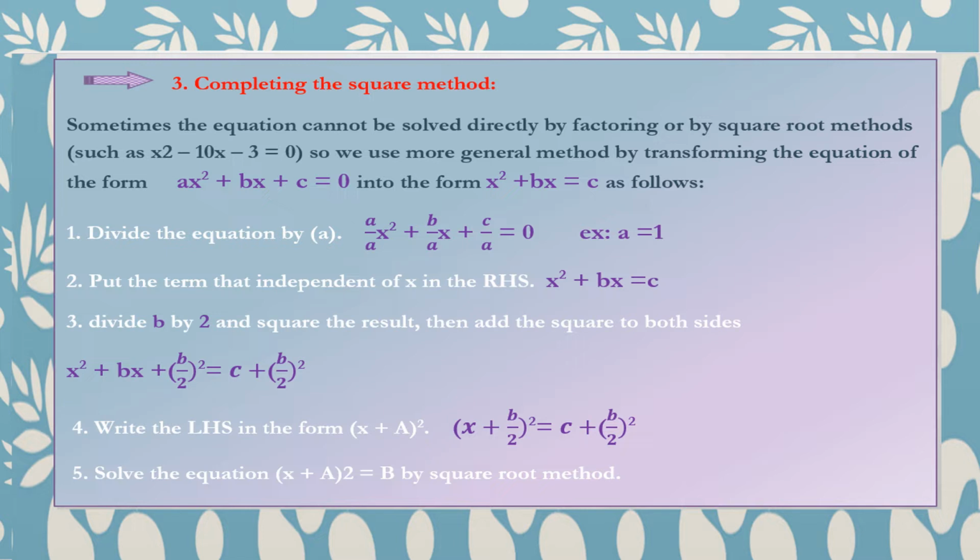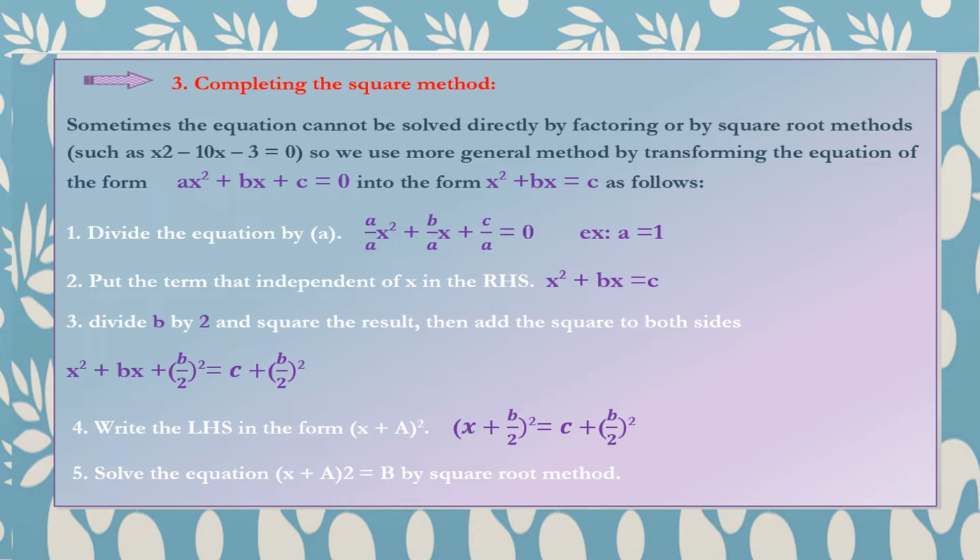The first step is to divide the equation by a, so a over a equals 1, and b over a and c over a. Let's say that a equals 1. Then the equation will be x squared plus bx plus c equals 0.